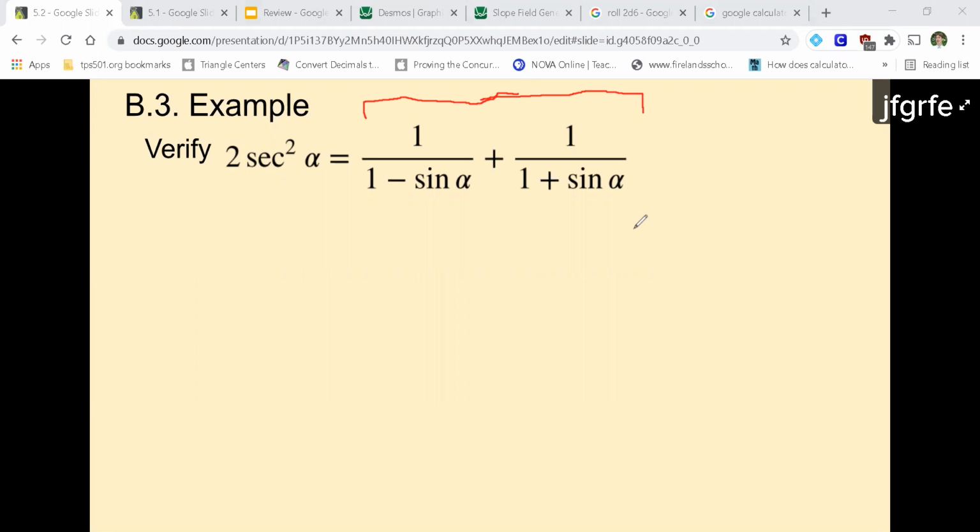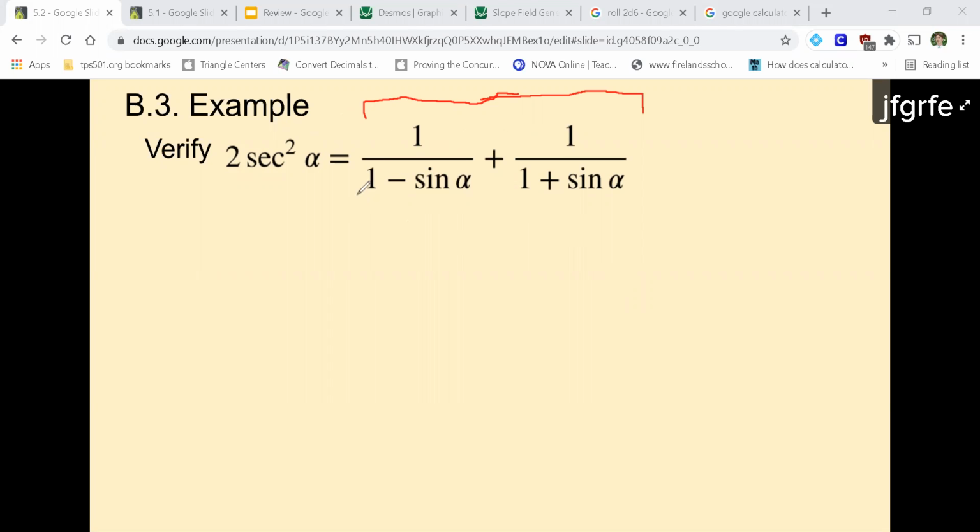And again, the first thing I'm going to do for any of these problems is try to use my algebra skills first. So I know I want to get this down to a single term, which means I need to combine these two fractions. So if I want to add these two fractions together, then I need a common denominator.